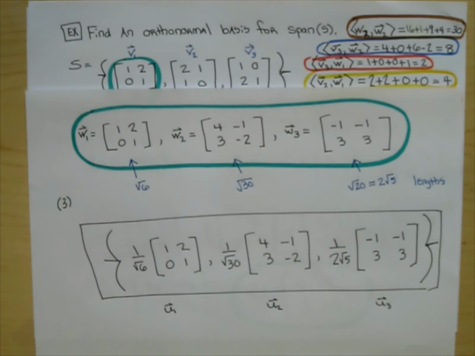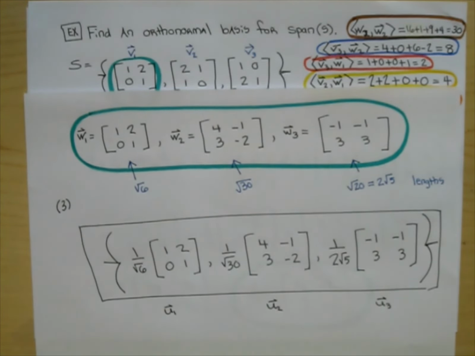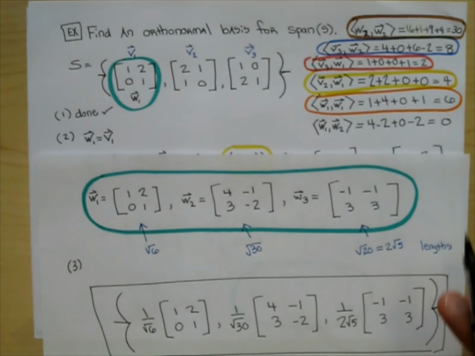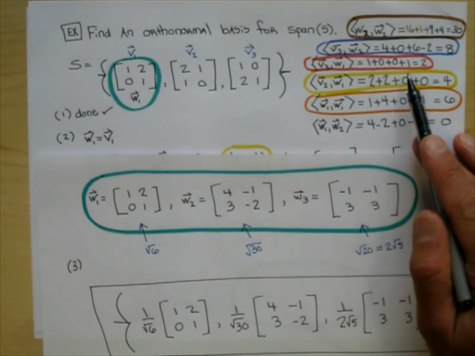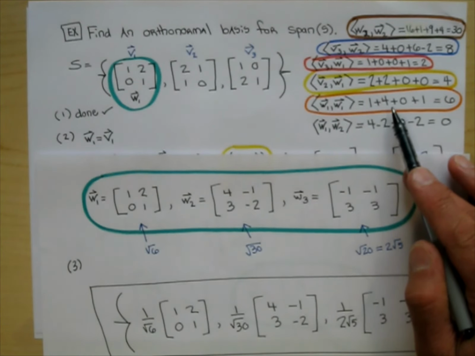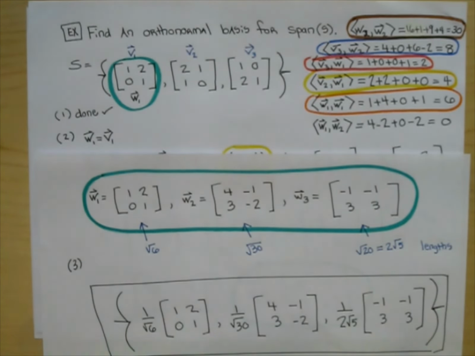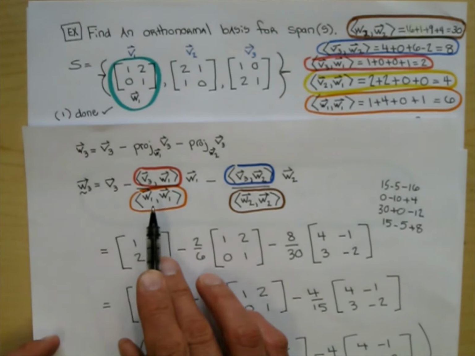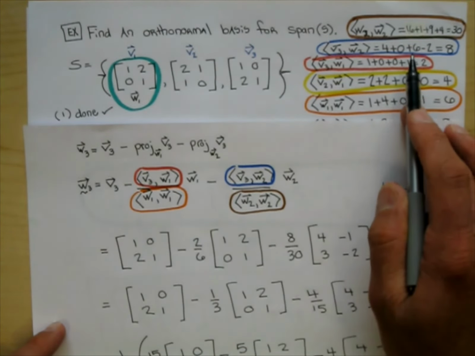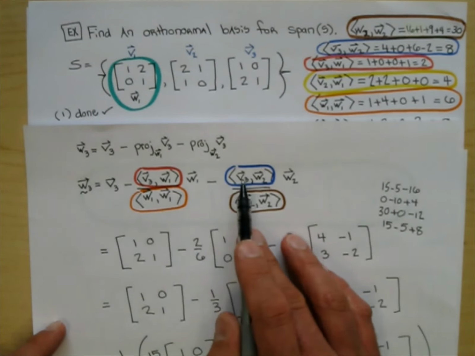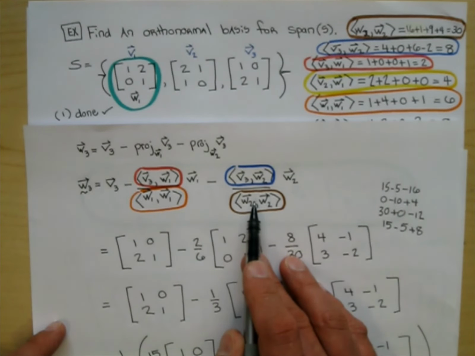This is what you'll be doing in your homework. The Gram-Schmidt process is a little tedious. Just keep the inner products on the side, have a table of them, so then that way when you do this step right here, you can just get them from the table, and even if you color code them, that makes it simpler.